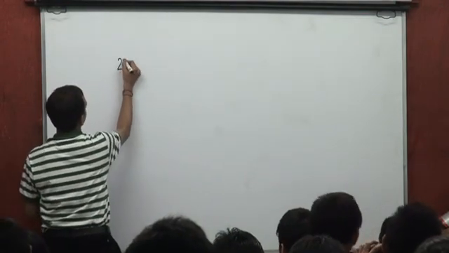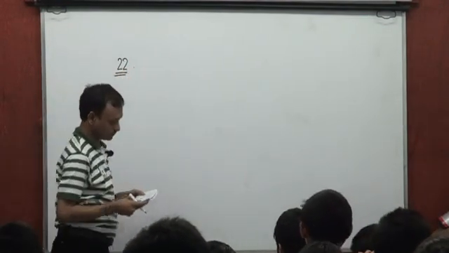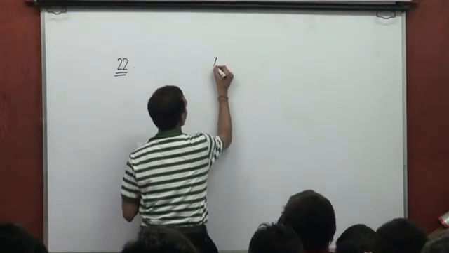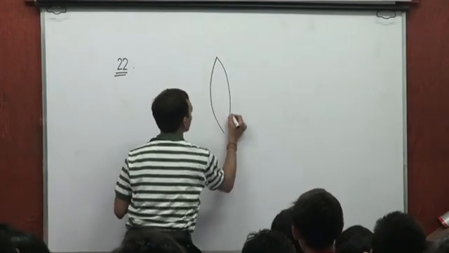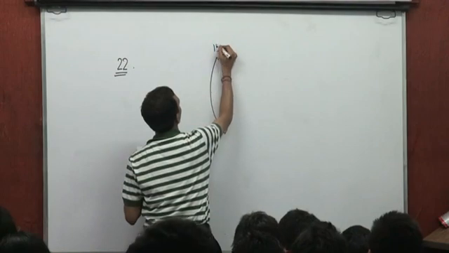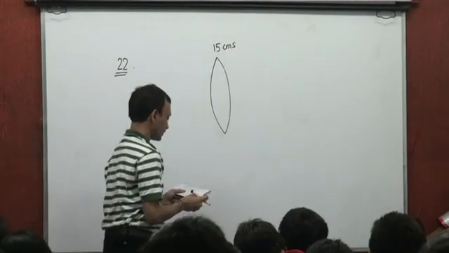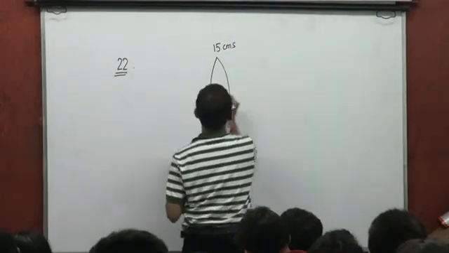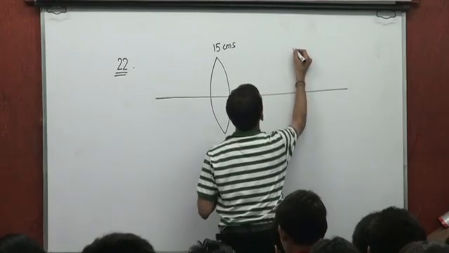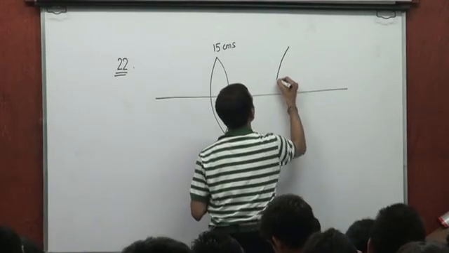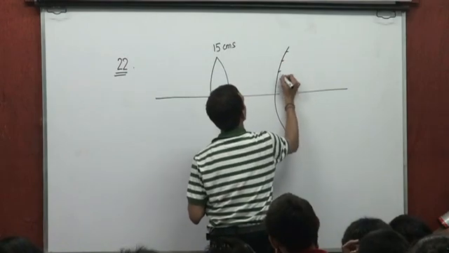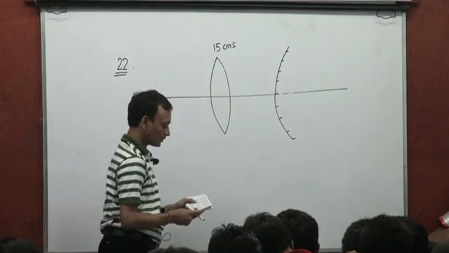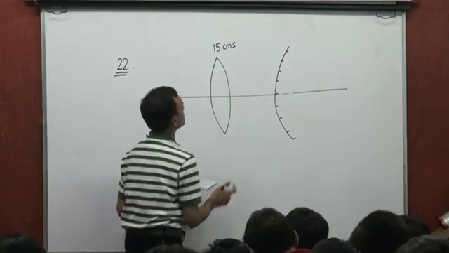So problem 22. A convex lens of focal length 15 centimeters is placed in front of a convex mirror, on the axis at a distance 20 centimeters from the lens.